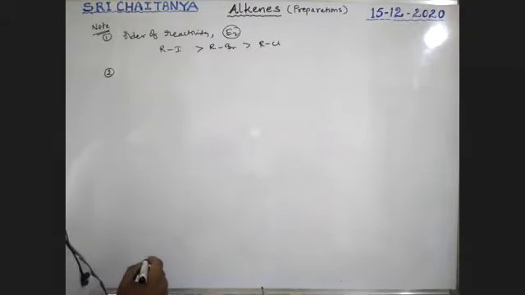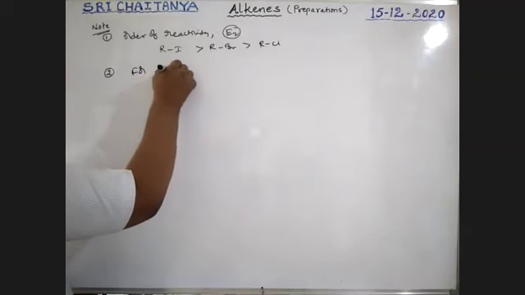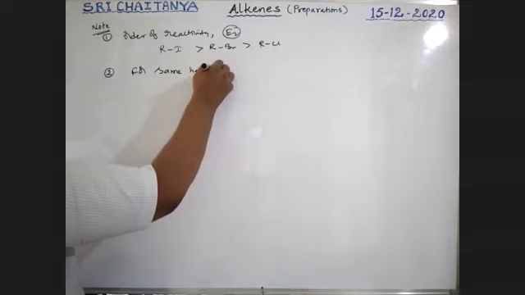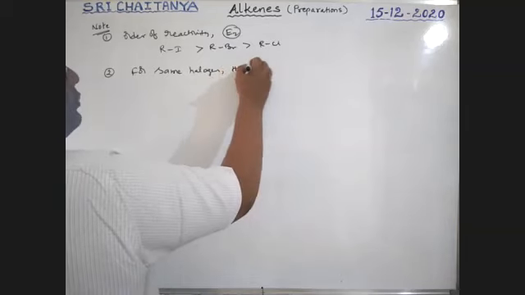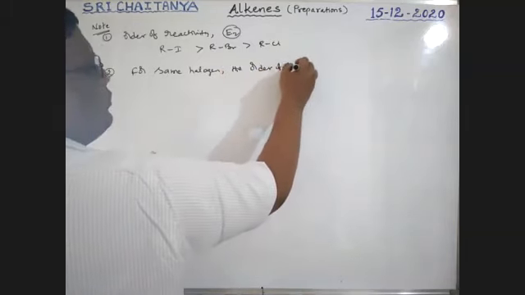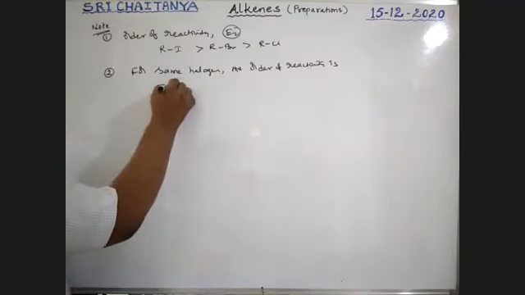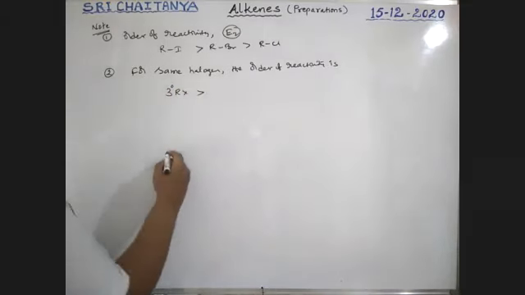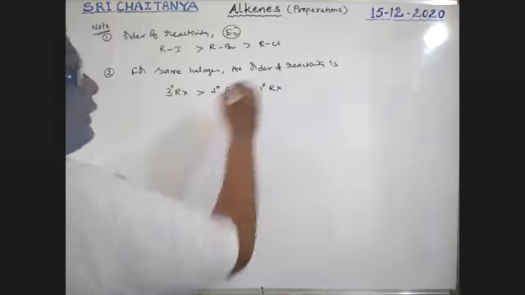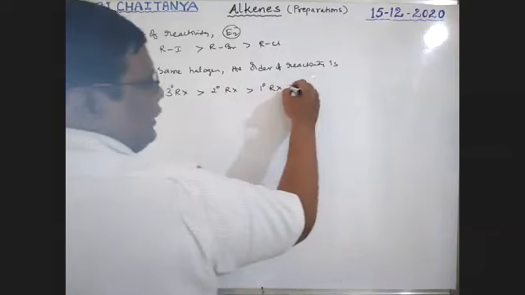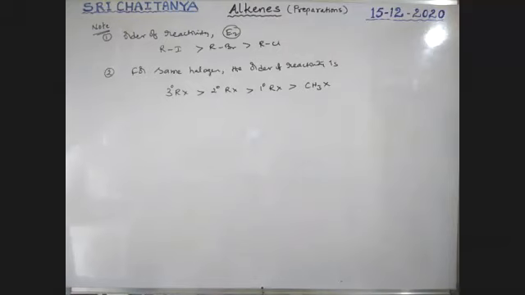Next, the second condition. For the same halogen, the order of reactivity is: tertiary alkyl halides are more reactive than secondary alkyl halides, which are more reactive than primary alkyl halides, which are more reactive than methyl halides. So the halogen is the same, but the alkyl groups are different.